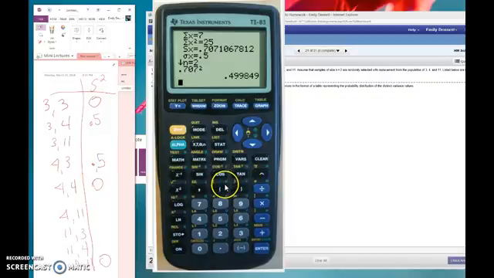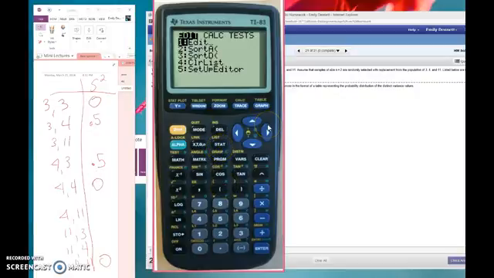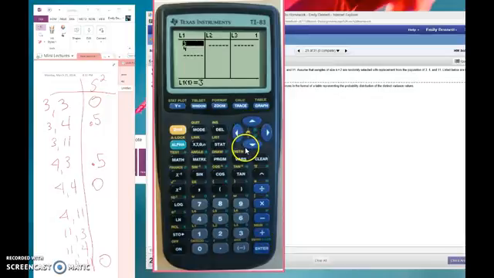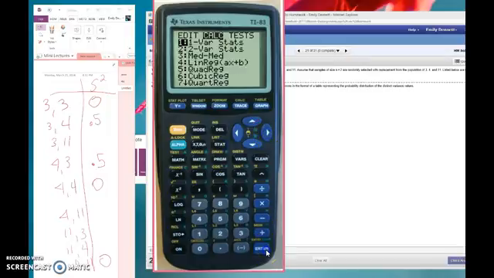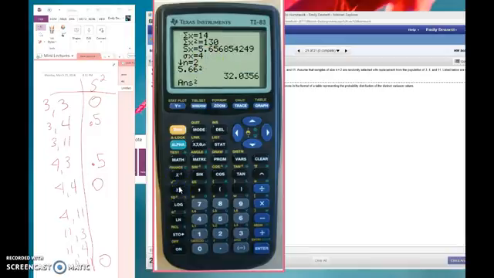Okay, then we're going to do stat, edit, and we're going to do 3 and 11. Same thing again, stat, calc, one variable stats. We want the standard deviation, so 5.66. We want to square that. So that rounds to 32. So that'll be for 3 and 11 and 11 and 3.